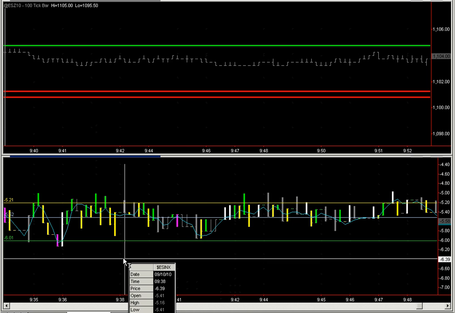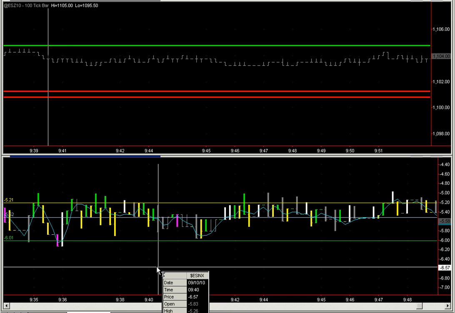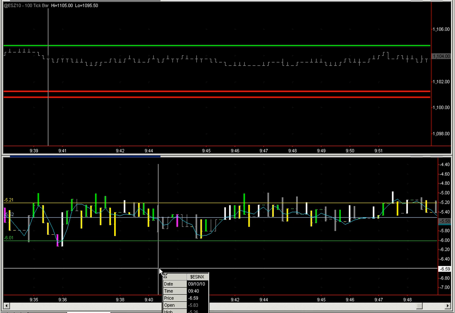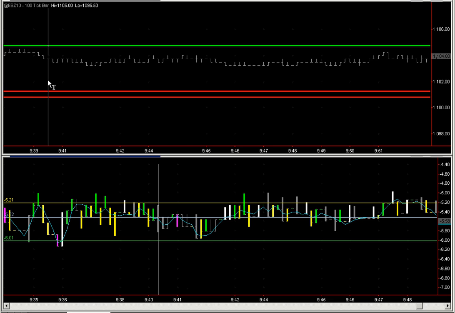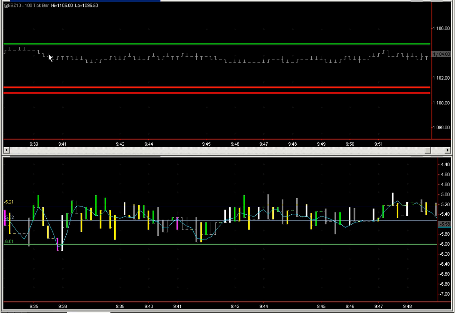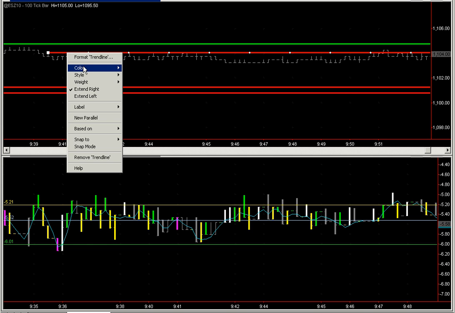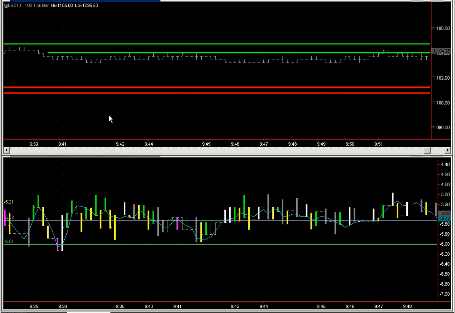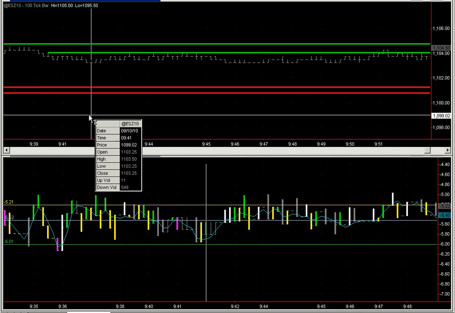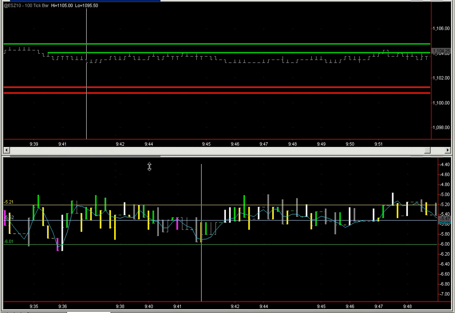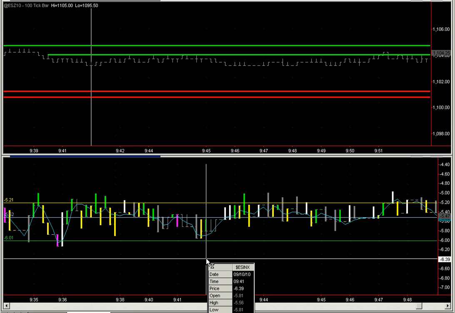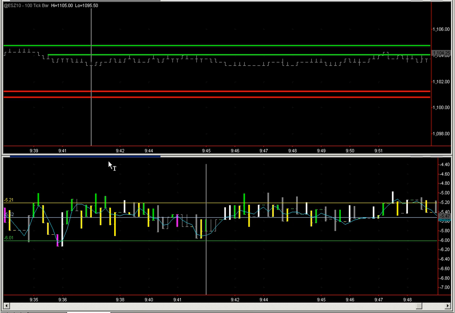Okay, we've got another setup for a long here. There's another setup bar. It's not much, but there it is. That green. Here's the setup bar. So we look to take a long trade as the Spoos drop and then go positive, which is what they do right there, there's the long trade.